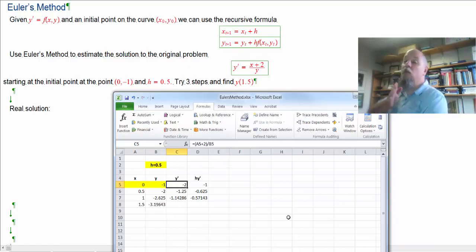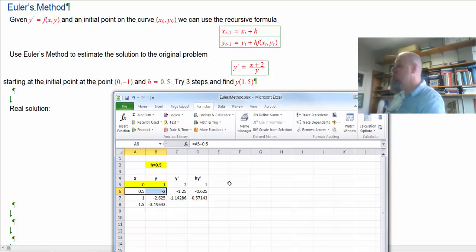That means if I move over 1, I would drop down 2. But I'm moving over a half, so I drop down 1. So then my new y is equal to my old y plus h y prime. New y is equal to old y plus h y prime. I was at minus 1 and I'm dropping down an additional minus 1. So now I'm at minus 2.